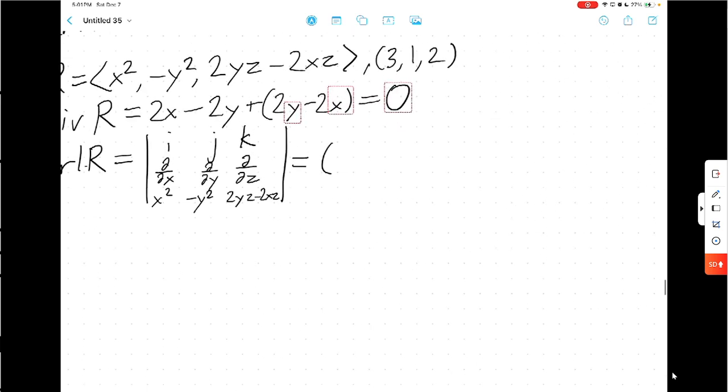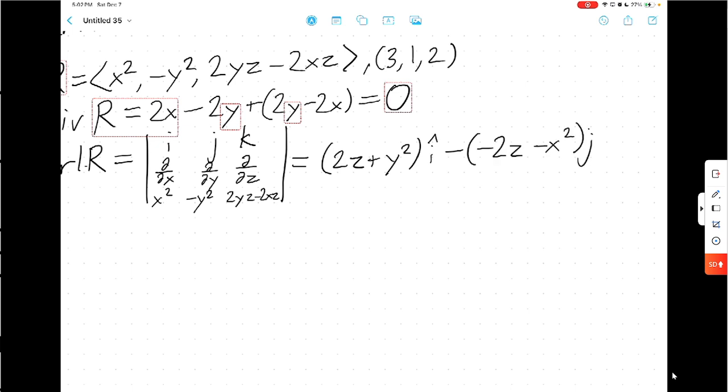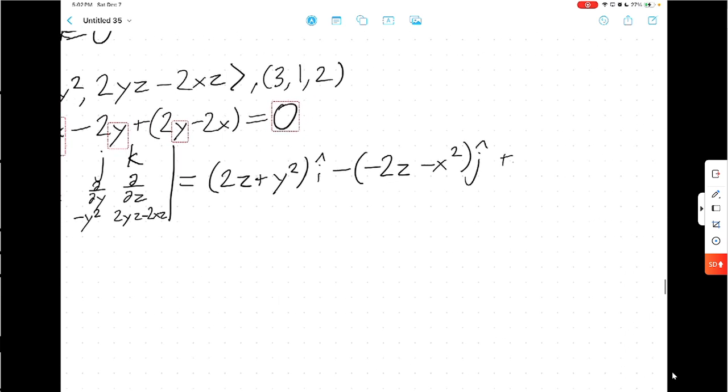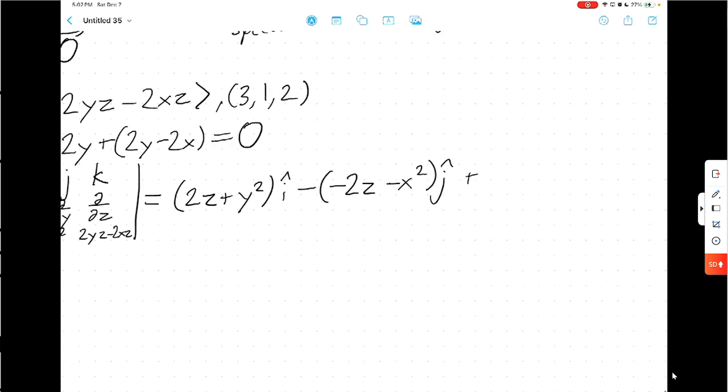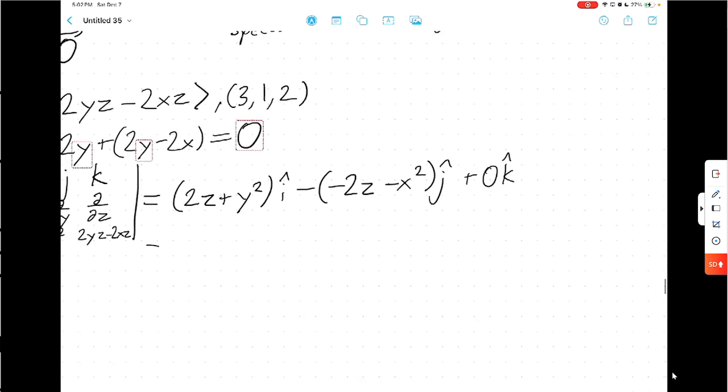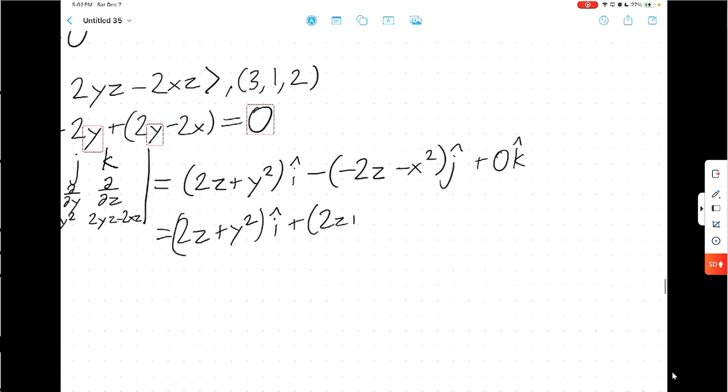So, starting off, we have 2z minus negative y squared i, minus negative 2z minus x squared j, plus 0 minus 0. So 2z plus y squared i plus 2z plus x squared j.